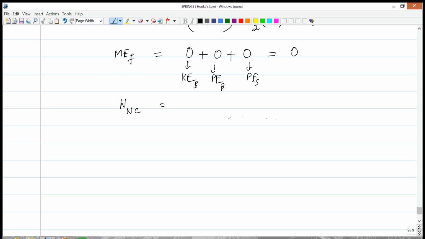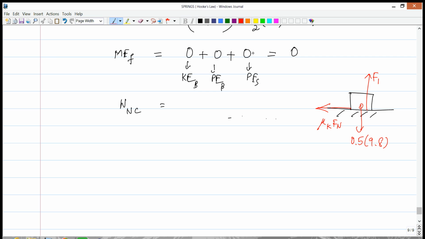Now, let us figure out the work done by the non-conservative force. Draw a simple diagram here. As the block slides on the rough surface, we have friction that is pulling it to the left, and that force is simply mu k times Fn. The weight is 0.5 times 9.8 for the block.